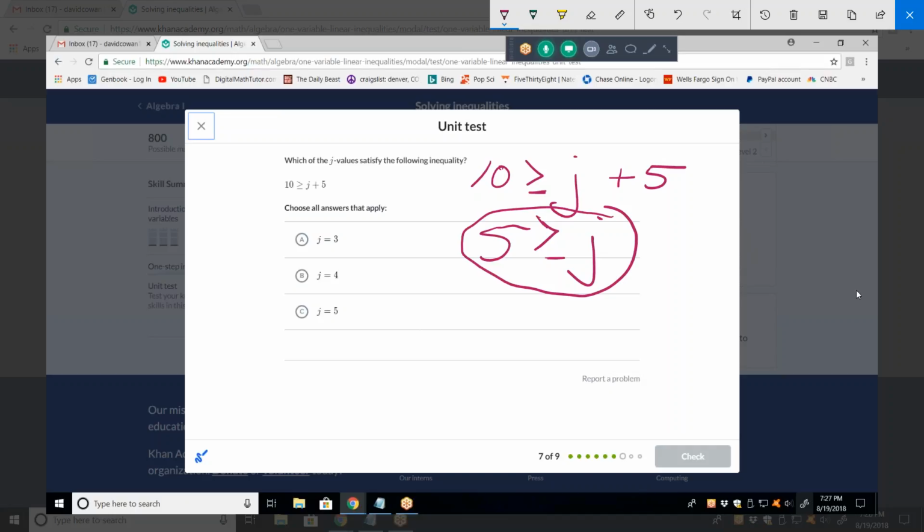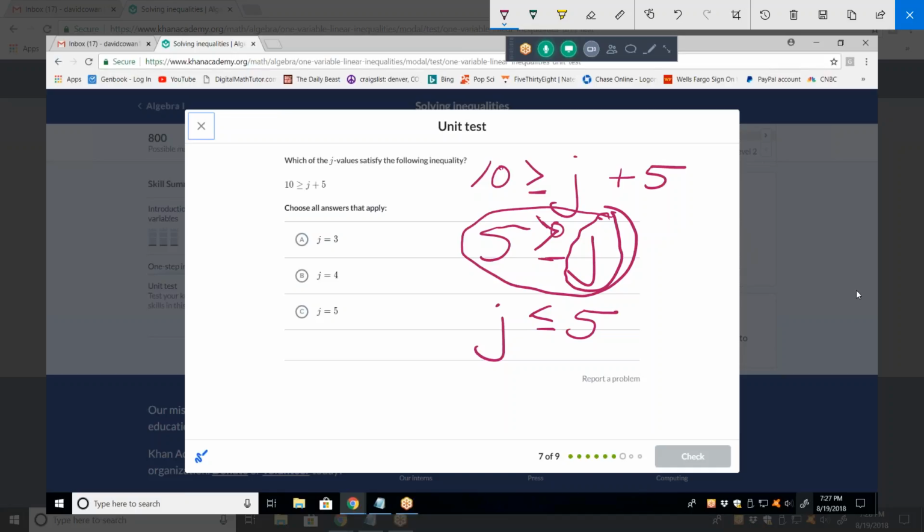If I wanted to turn that around, what would it look like? So j is less than or equal to 5. Yeah, and that's the more conventional. In other words, to switch these two without changing the sign, just turn the inequality around. And you can always figure it out because what this really says is that j is less than or equal to 5, just because it's on the pointy end of the arrow.